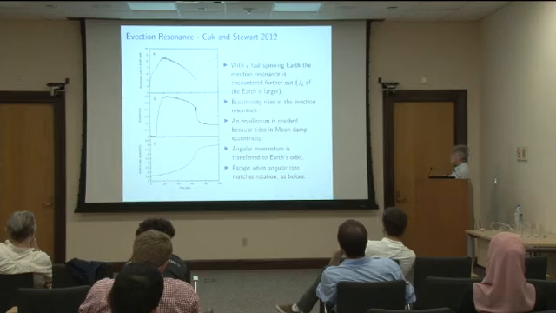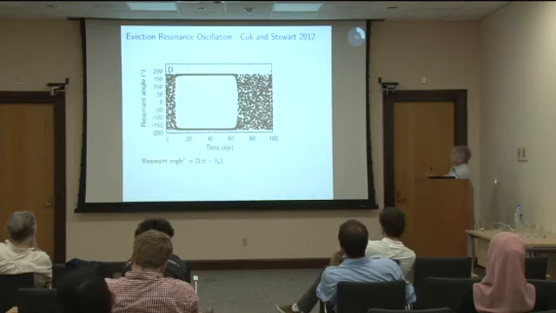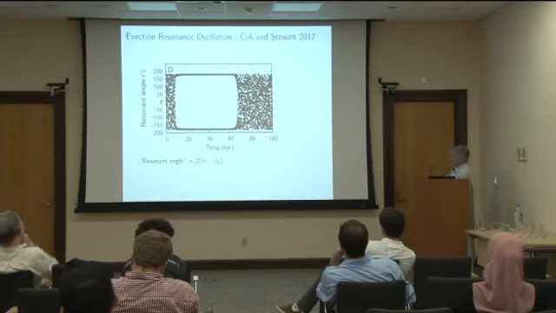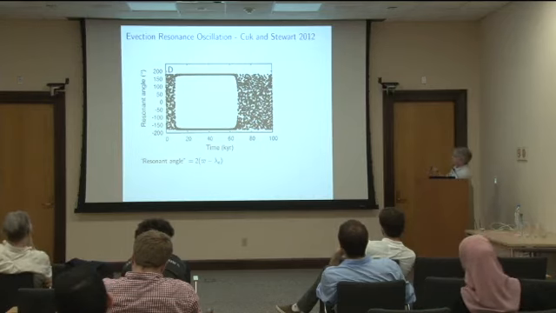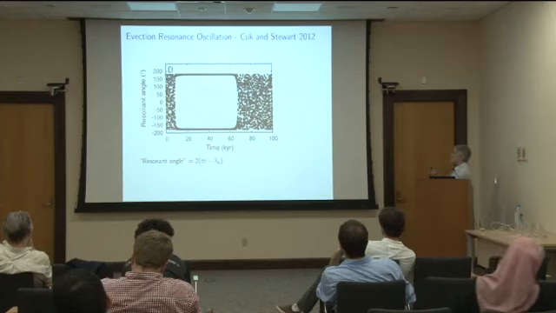That's the basic scenario. And then this is a plot of their resonant angle, which is twice what I would call the resonant angle. So they get a libration around 180 degrees, whereas the evection angle, the pericenter minus the longitude of the Earth, is either plus or minus pi over 2. So anyway, it's just a difference in way of plotting.